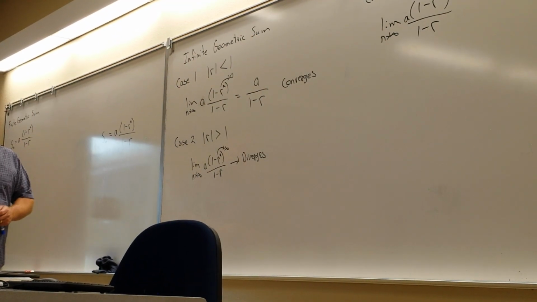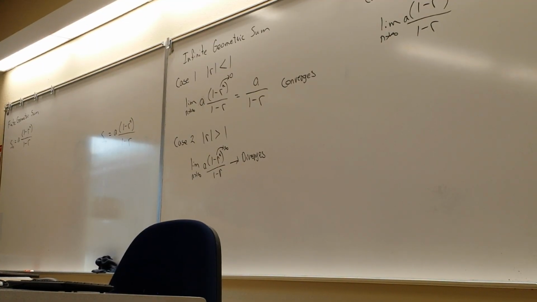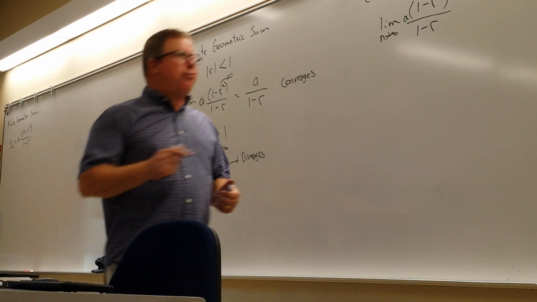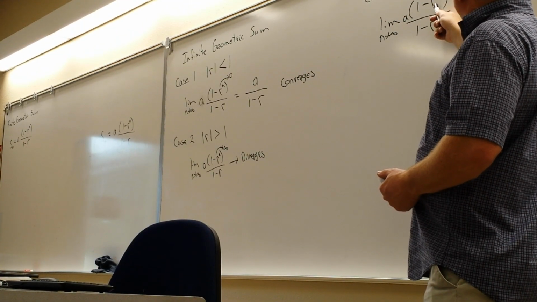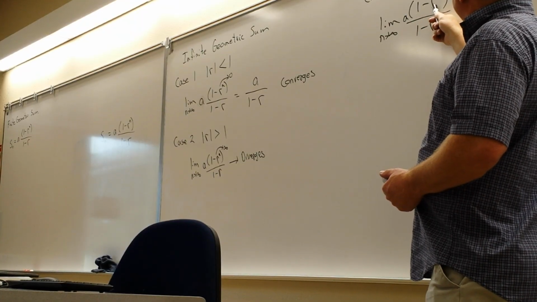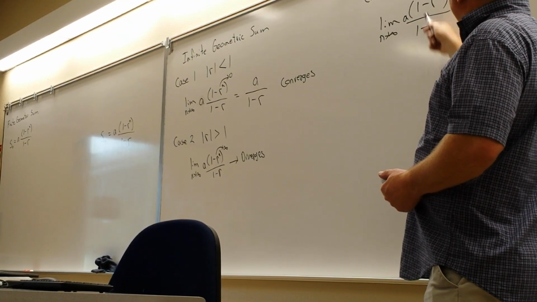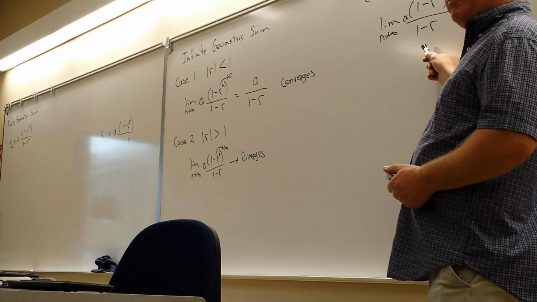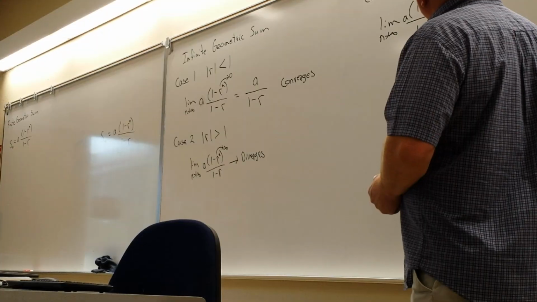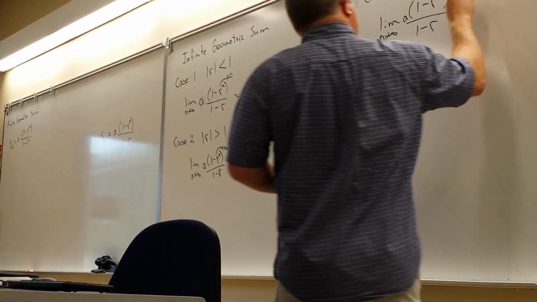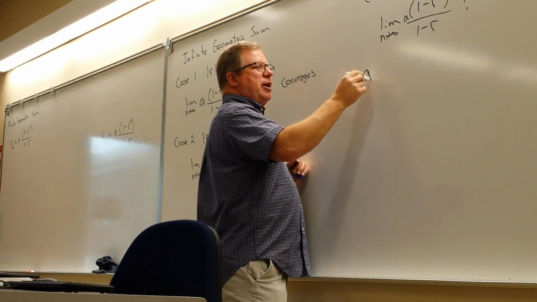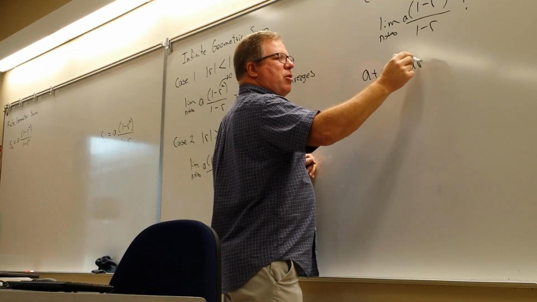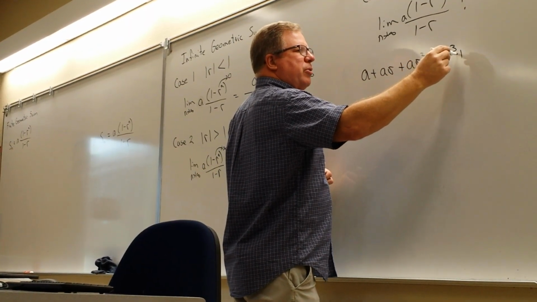Well, it's not readily apparent from the formula, because what's going to happen here if R equals 1, 1 to any power is 1, so we get 1 minus 1 is 0, 1 minus 1 in the denominator is 0, we're going to get 0 over 0, aren't we? So it's not readily apparent in the formula. So let's go back to this. The geometric series is of the form a plus ar plus ar squared plus ar cubed plus dot dot dot.